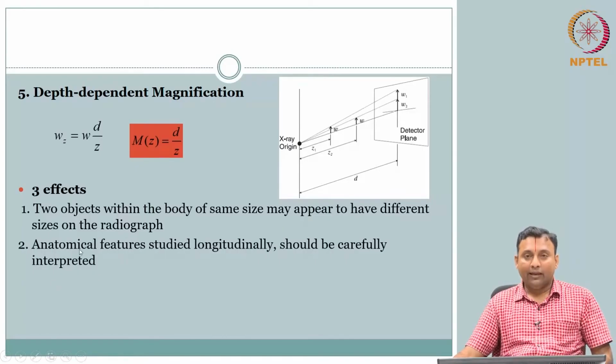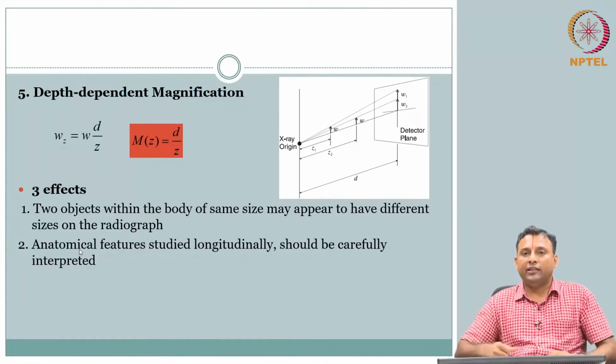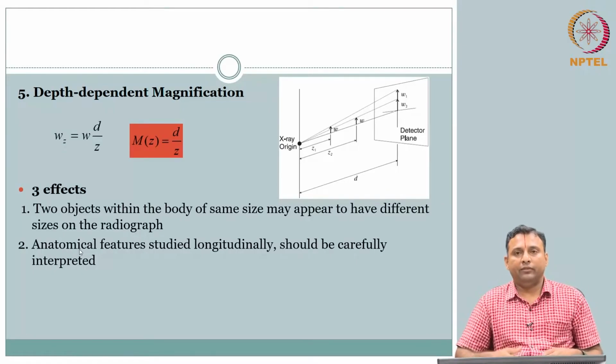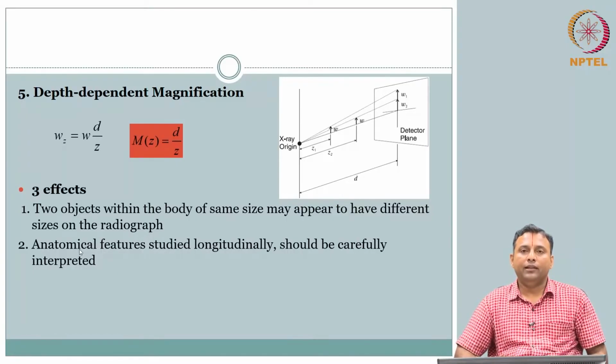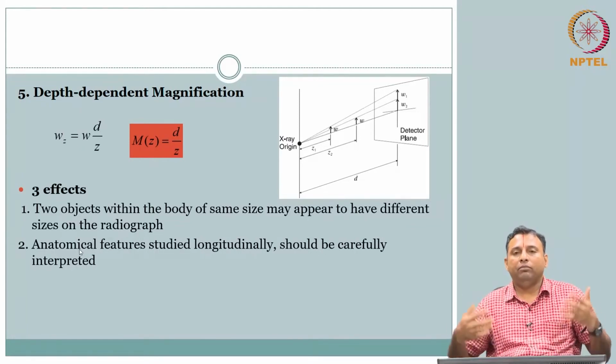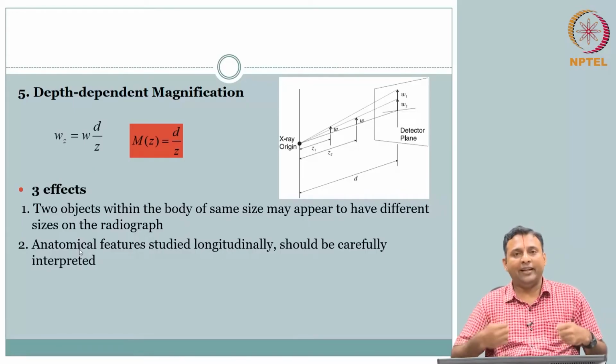The other, again a more challenging one, is studying anatomical features longitudinally. I go here, I take a chest X-ray for example, or an abdomen X-ray, whatever. I take it when I am, say, 150 kgs, and then I go through some treatment, dieting, all those things.